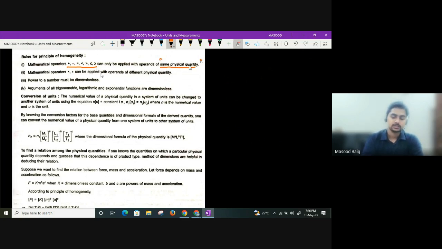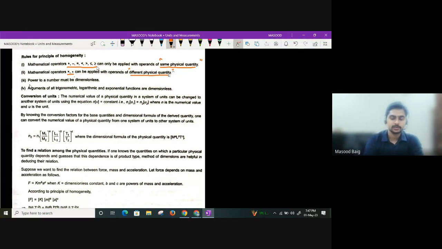Addition, subtraction, and comparison can only be done with physical quantities of the same dimensions. However, multiplication and division can be done with physical quantities of any dimensions. You can add, subtract, or compare if physical quantities have the same dimensions. You can multiply or divide physical quantities of any dimensions.